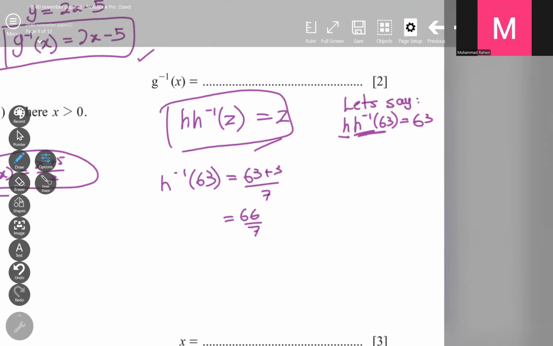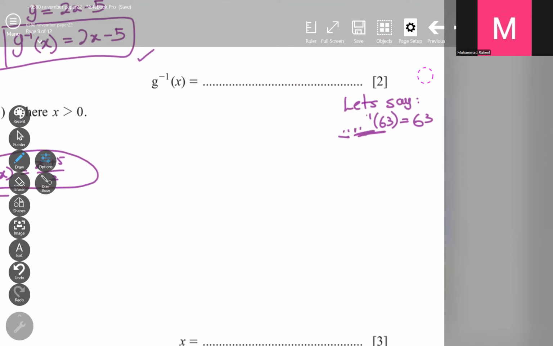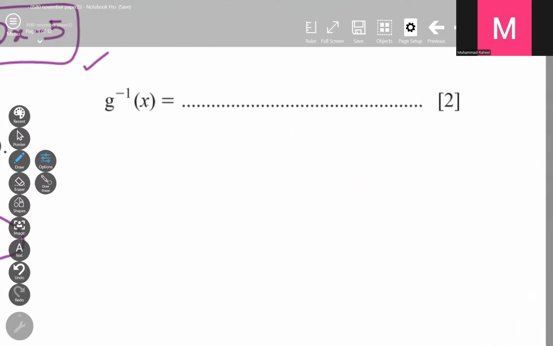Right, now we don't really need this one, so I think we just cancel this one. So now we find g f of x is equal to h inverse of 63.